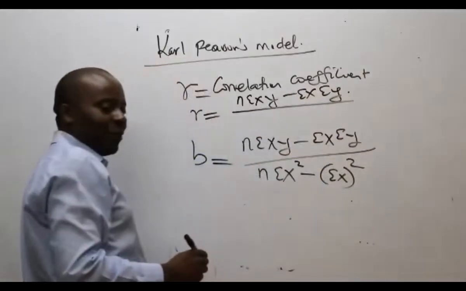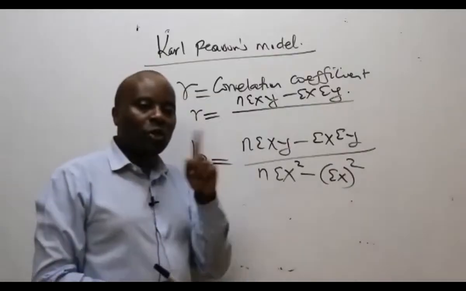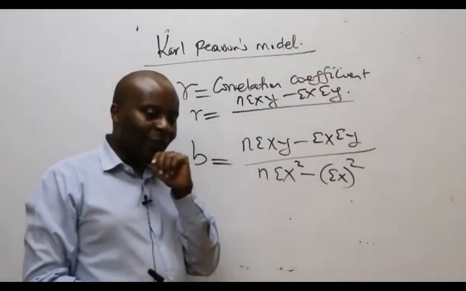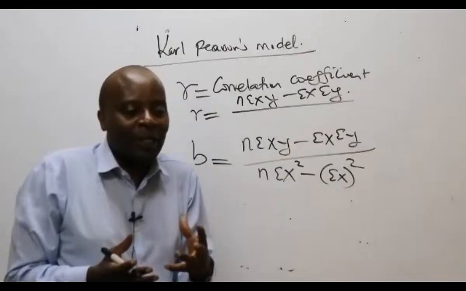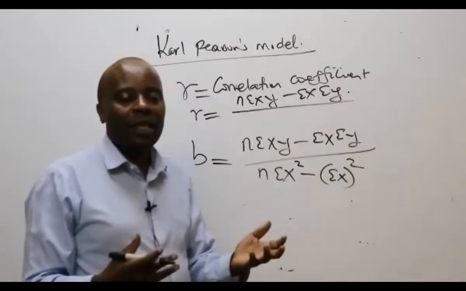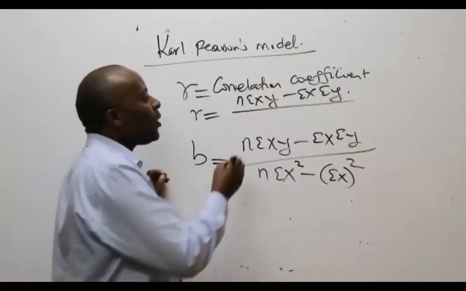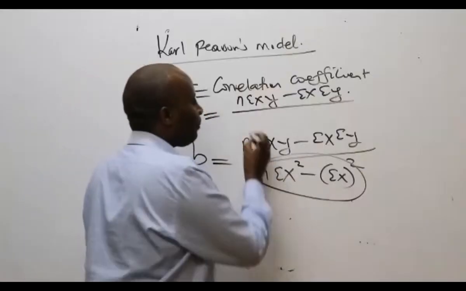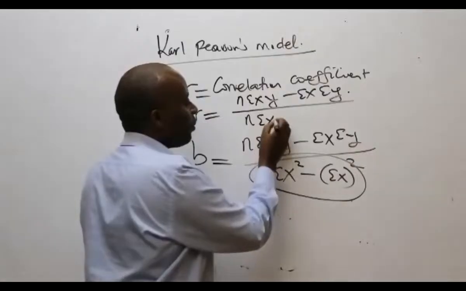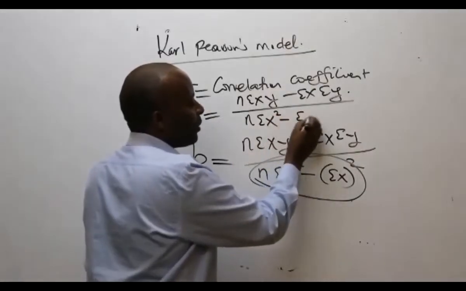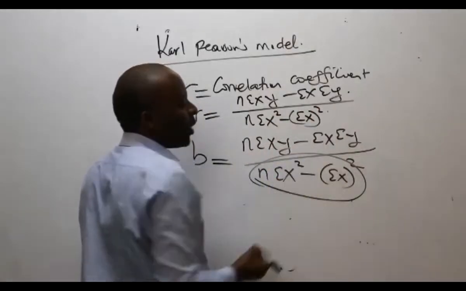Now, the moment I've taken care of the numerator, there is also something I know about the denominator. There is also a relationship about the denominators. If I understand this, I've understood the entire thing. So for the denominator, what I need to do is to copy this. So it is n summation of x squared minus summation of x squared, like that.